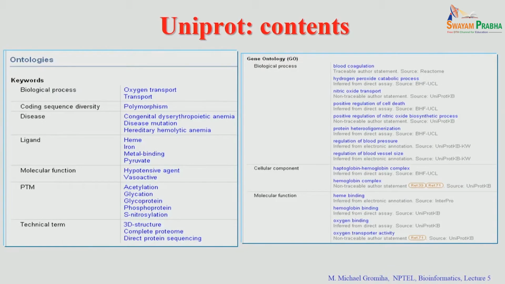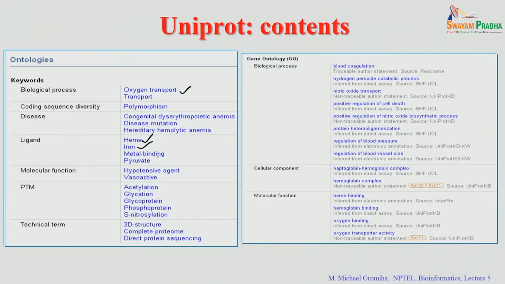Now they give the ontologies, the various biological processes, such as oxygen transport. Then, for any diversity of this coding region, they have polymorphisms, the changes upon mutations, and also any ligands or small molecules that bind to this particular protein. What are the different small molecules that bind with this protein?